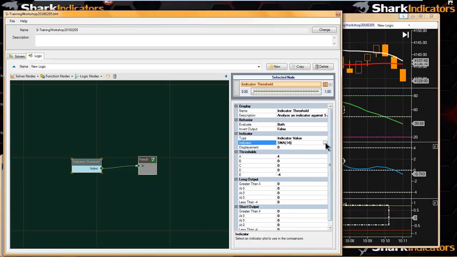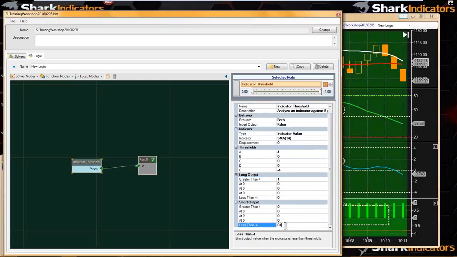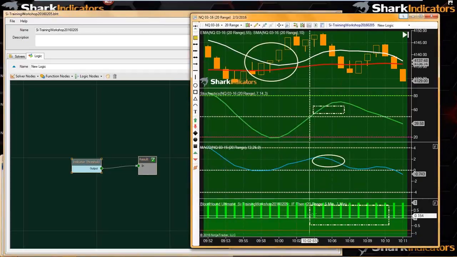I've done this already, so I'm okay with that. Setting up a solver this way, if your indicator gave a 1, then the output would be 0.25, a quarter.